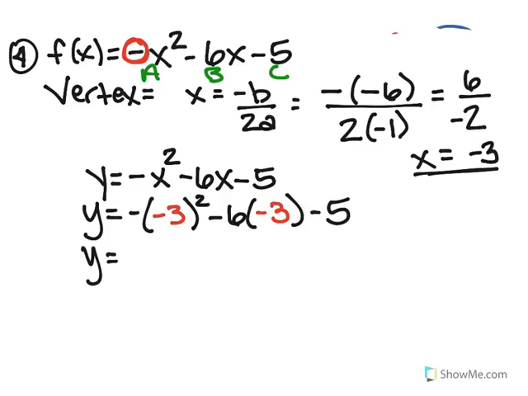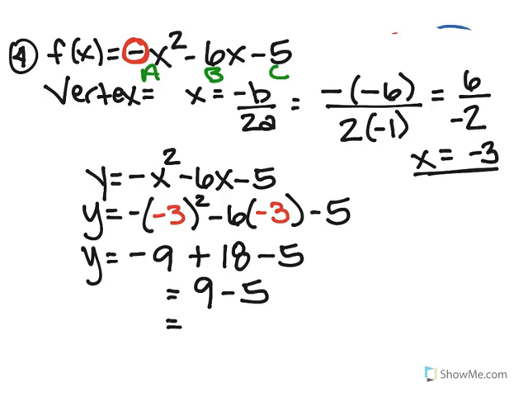If you got a calculator, type this whole sentence in so you won't mess up on your signs. But you're going to do the exponent first. Negative 3 squared is going to give us 9. And then since the negative's on the outside, it will remain negative 9. Negative 6 times negative 3 will give me a positive 18 minus 5. Negative 9 plus 18 is a positive 9. Minus 5 will give me a positive 4.